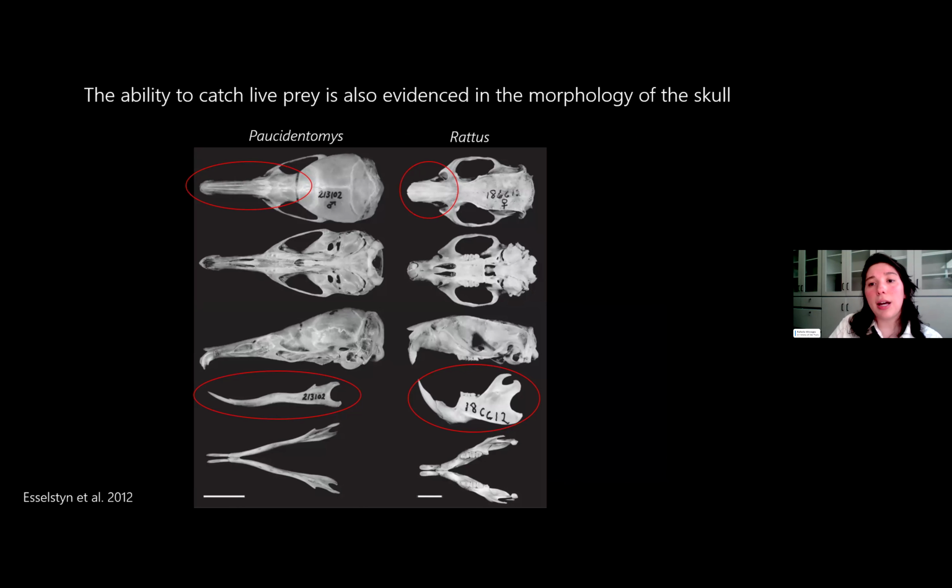In addition to the absence of molars, which indicates that they have a very soft diet and do not chew much, Palaeoverse also shows an elongation of the rostrum, as we can see here in the red circles in the figure, when we compare with generalist species. And we will explore the connection between the elongation of the rostrum and diets later in the talk.